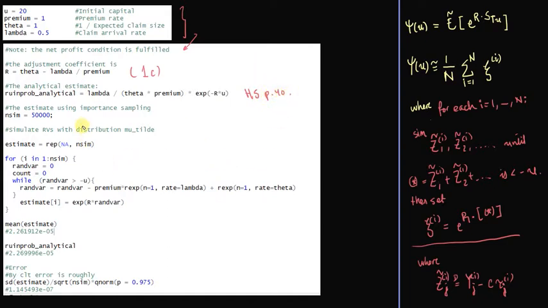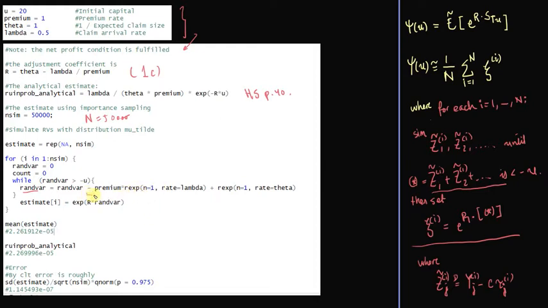Then in my simulation, I choose 50,000 runs, so capital N for me is 50,000. For each simulation, this randvar is the sum of these z tildes.